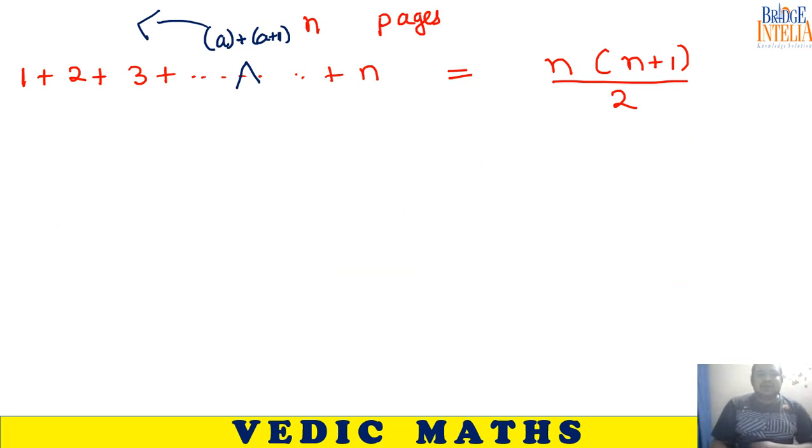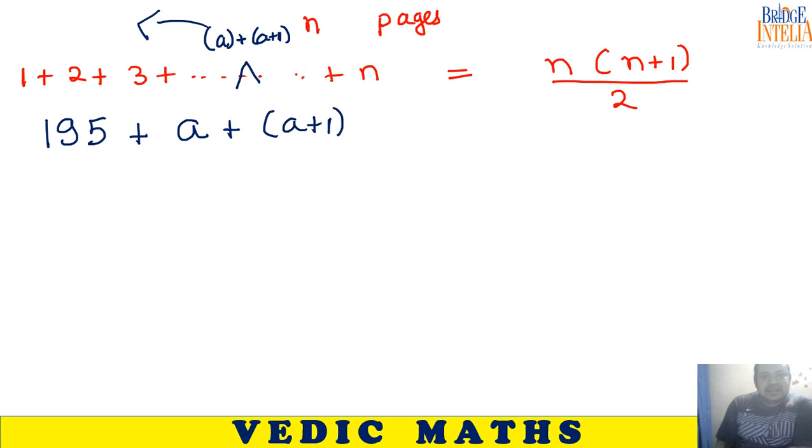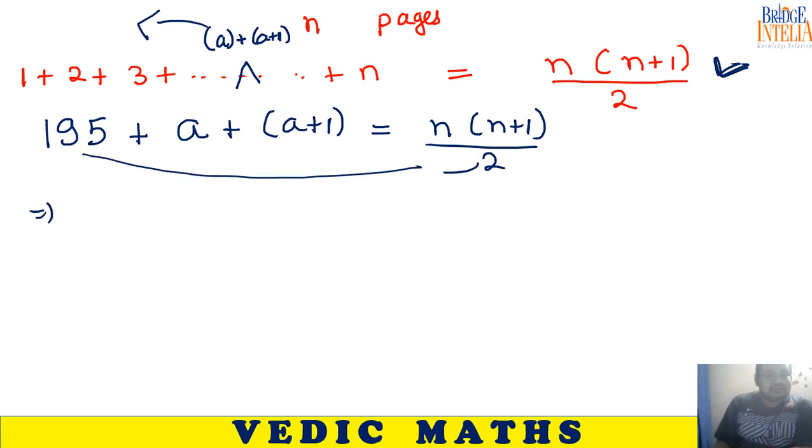So we are getting 195 as the answer because we forgot to add two pages. If you had added those two pages, then you would have got the correct answer. So n into n plus 1 by 2 is what you would have got. So from here, let's solve this. Let's bring this to this side and multiply it.